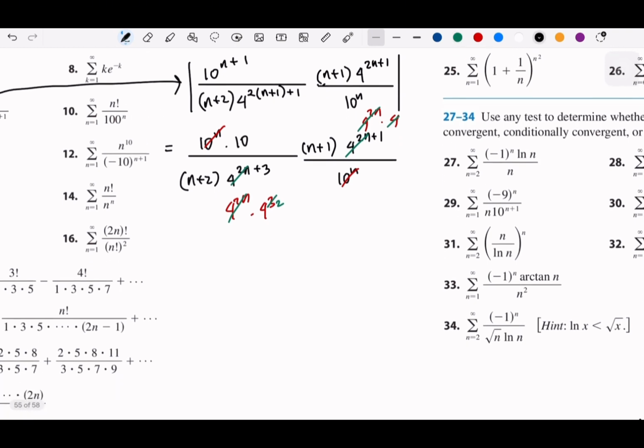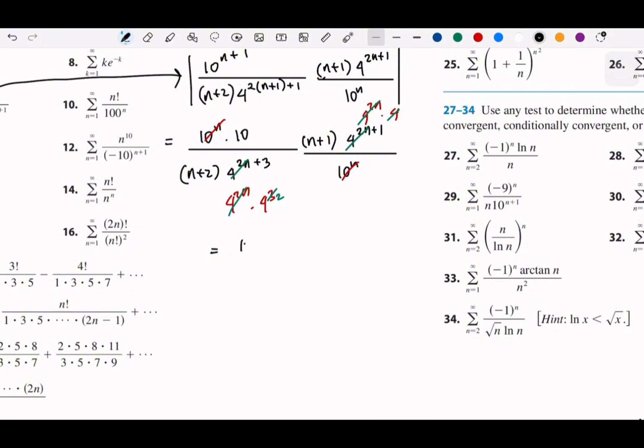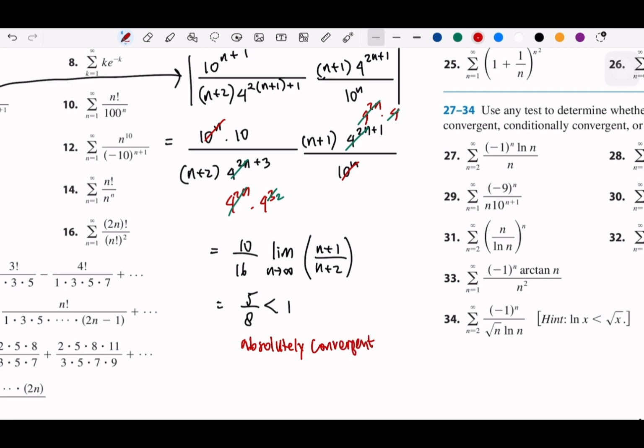So now we have 10 over 4 squared, or 16, right? And then take the limit for the n plus 1 and n plus 2, which is going to be equal to 1, right? So we have 5 over 8, which is less than 1, and we know that this will be absolutely convergent by the ratio test.